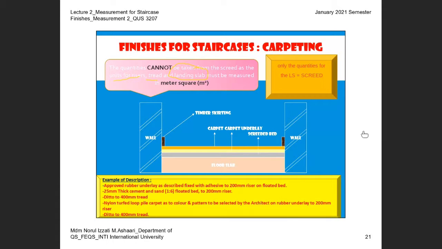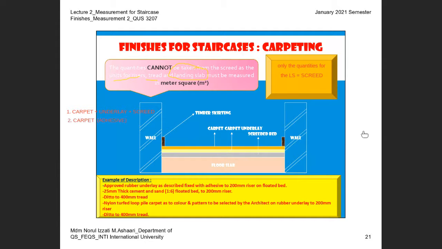Carpet plus underlay plus the screed. So how many items do you have to measure? There are 3 main items you have to measure. The second design, where you only have carpet installed with adhesive, you only have 1 item. You don't have to measure adhesive and carpet differently.